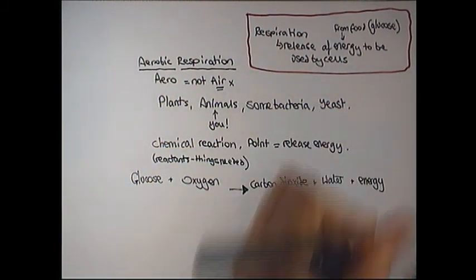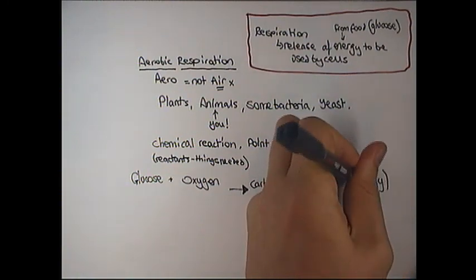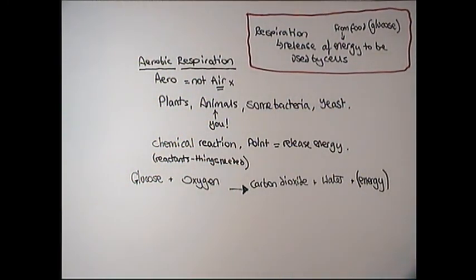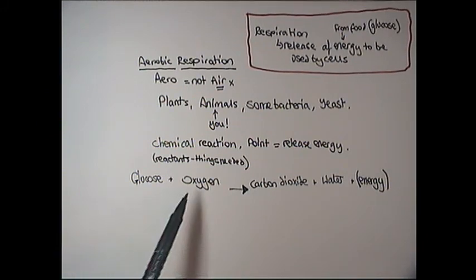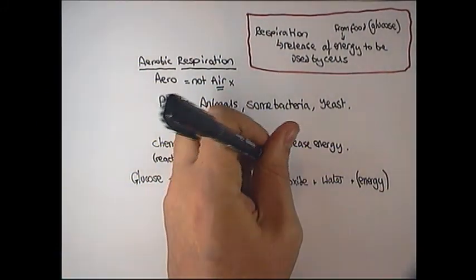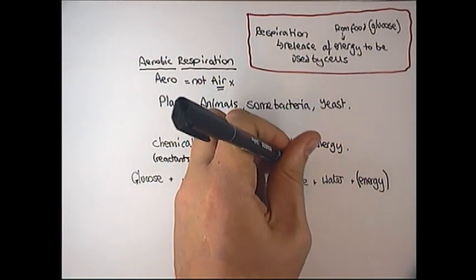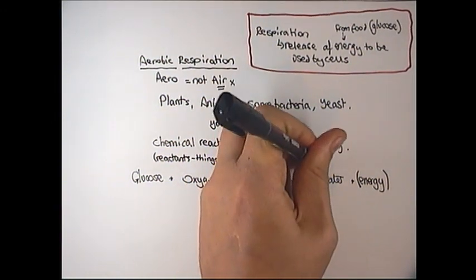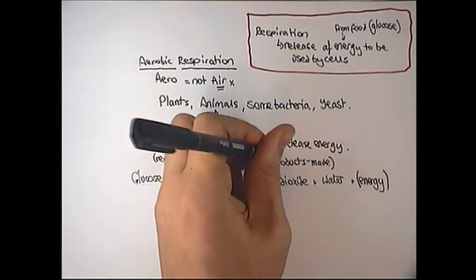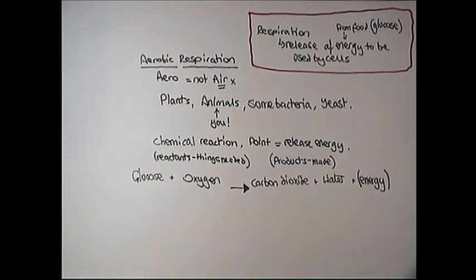When we write energy, we always put it in brackets because we're not making it, it's not a physical thing, it's just something that is released in the reaction. So that's the simple form of the aerobic respiration reaction: reactants of glucose and oxygen making the products, which are the things that are made, carbon dioxide, water, and releasing some energy.